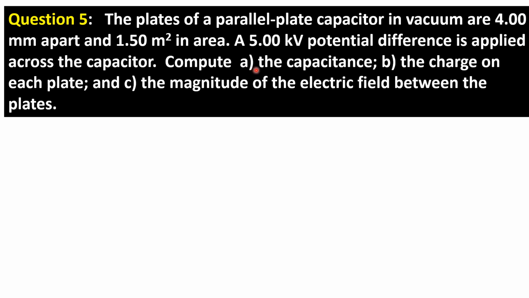Question number 5 is a problem-solving question. The plates of a parallel plate capacitor in vacuum are 4.00 millimeters apart and 1.50 meters squared in area. A 5.00 kilovolts potential difference is applied across the capacitor.